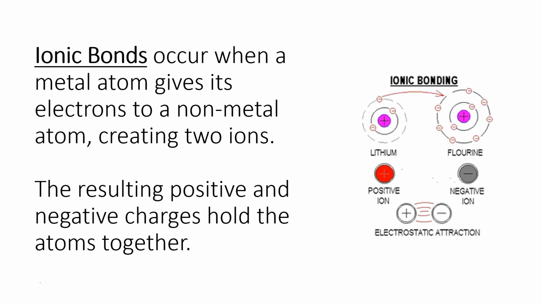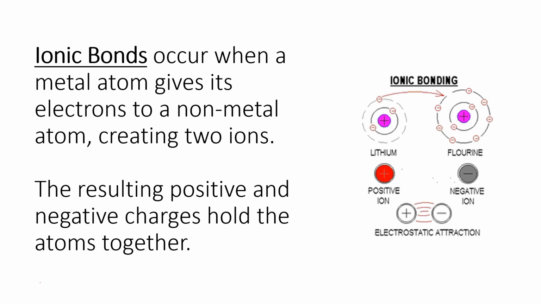All right, welcome. In this video, we are going to talk about ionic bonds and how to predict what charges of ions different elements will form. An ionic bond is something that occurs when a metal and a nonmetal combine. In an ionic bond, a metal atom will give some of its electrons to a nonmetal atom, creating two ions.